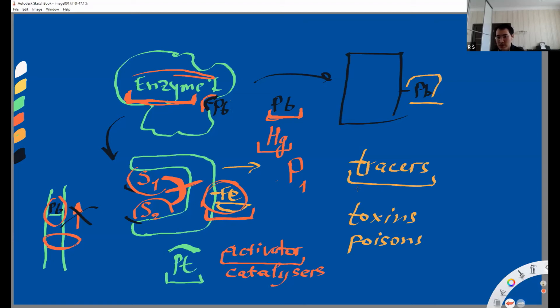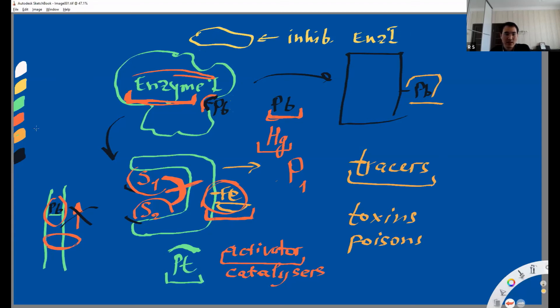So not all inhibitors are bad, because the inhibition is also controlled by enzymes, and most of the inhibitors are enzymes themselves. Okay, so we have another small protein, which is an inhibitor of the enzyme 1.